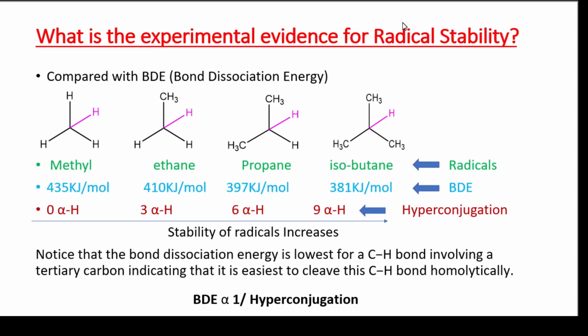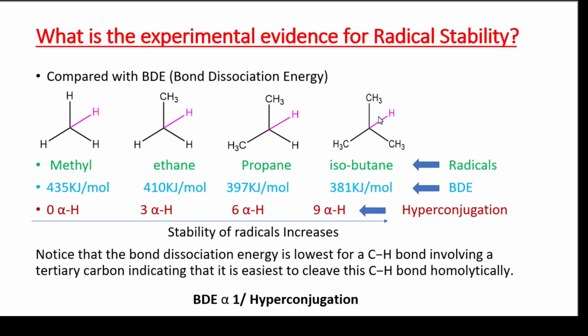What is the experimental evidence for radical stability? Experimental evidence came through bond dissociation energy. We took the examples methane, ethane, propane, isobutane. The bond dissociation energy is shown here for the broken bond, this particular pink CH bond. Here in methane this CH, in ethane this CH, this CH and this CH.